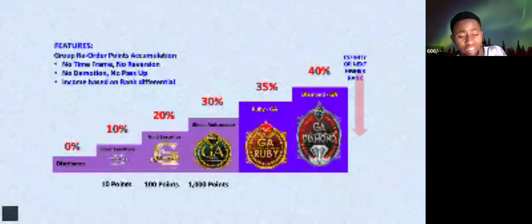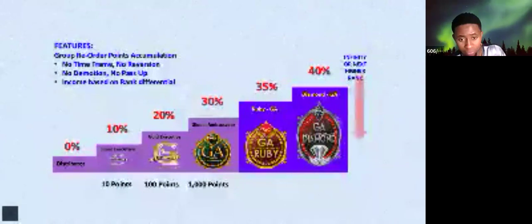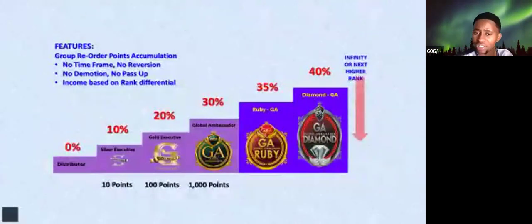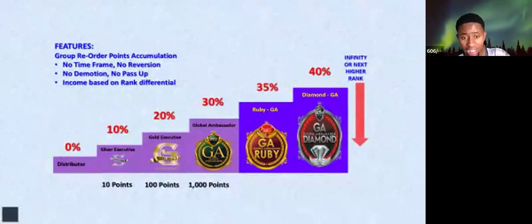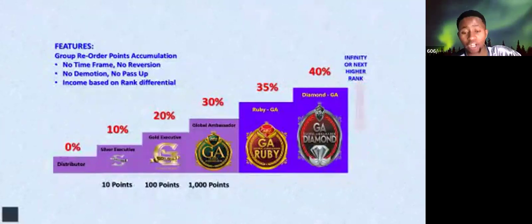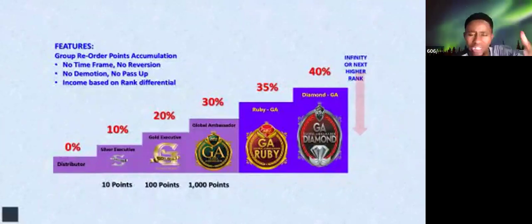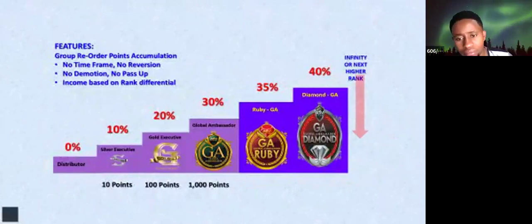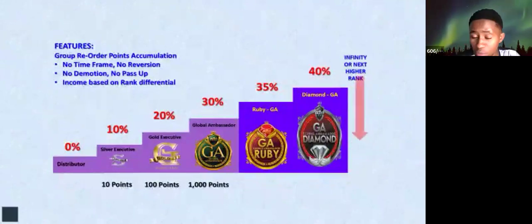If you become Gold Executive, you have other legs that are following you. That's what I discovered in the beginning of my business. So you'll find that in my legs, I have more than 6 legs that are Gold Executive just like me. So if I move to Global Ambassador, I know I have 6 different legs that are going to be Global Ambassadors within 1 year or 1.5 years. And that's how I get to become a Ruby Global Ambassador.